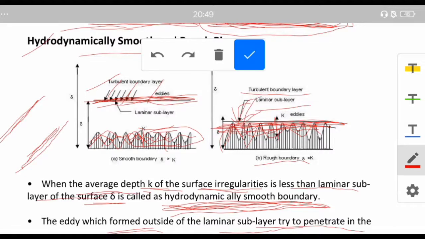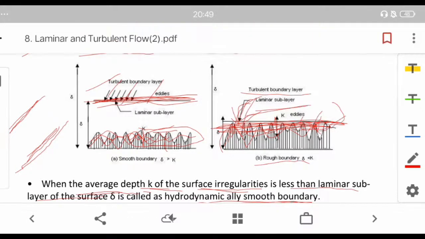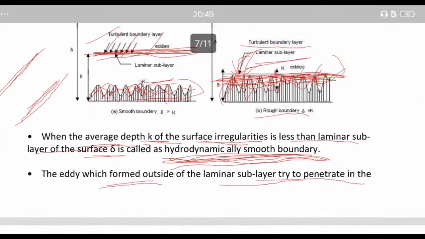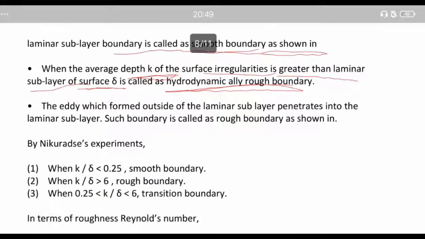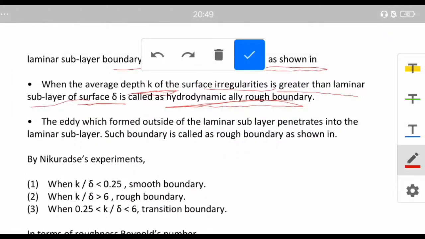Therefore, whenever these eddies hit them, a large amount of eddies will be generated, and hence the turbulence will further increase. In such cases, a smooth boundary is preferable as compared to a rough boundary.